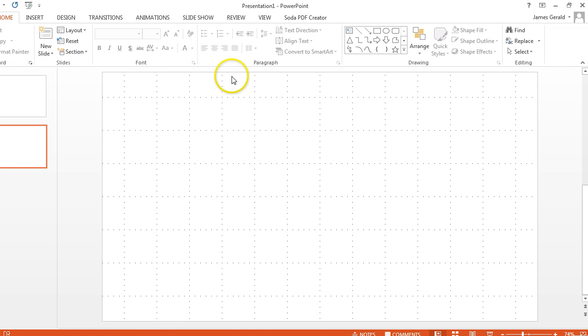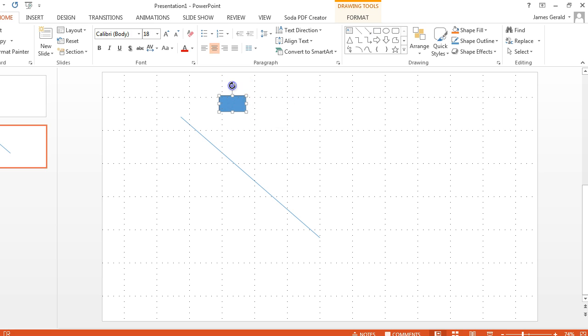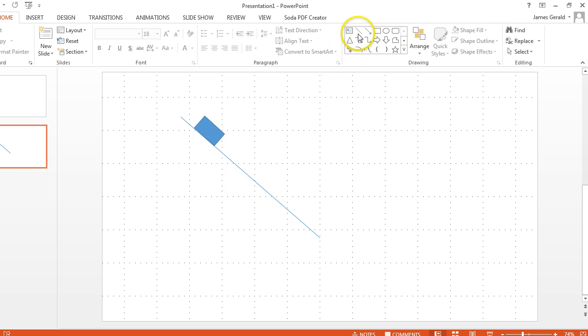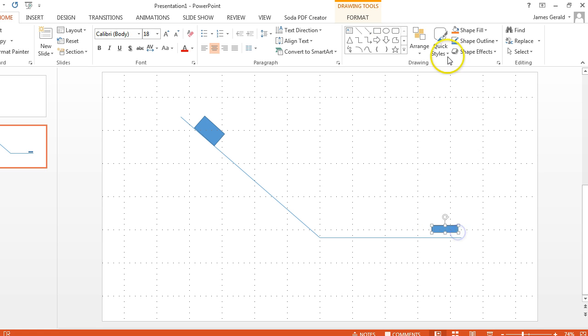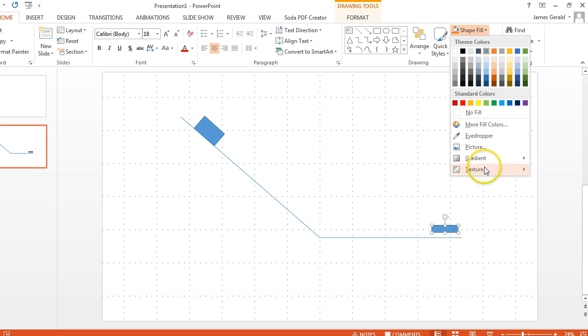I'm going to draw real quick. We have an incline. On this incline is a box. We'll pretend it's actually flat on the incline. All right, it comes down and slides across, and then down here there's a spring, and I'll make that a different color of some sort.